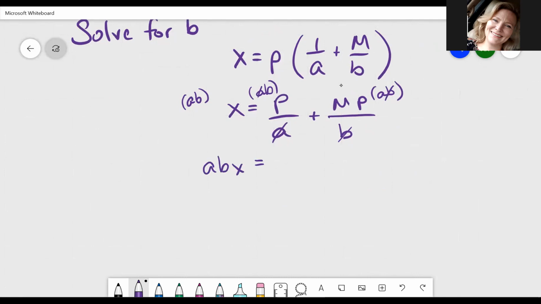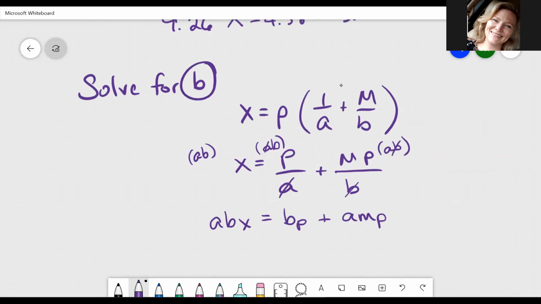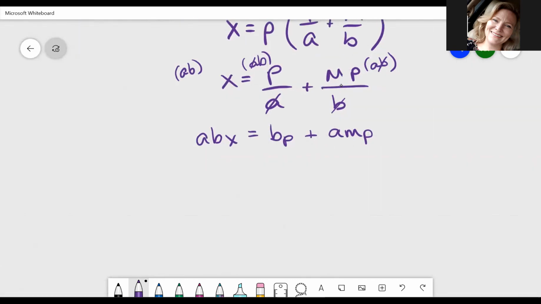So here I wind up then with ABX equals BP plus AMP. All right, so this is looking much better. So think about the first thing I did was I distributed, then I got rid of my denominators. Remember the fact I'm solving for B, so let's get everything with the B on the same side. So I have ABX minus BP equals AMP.